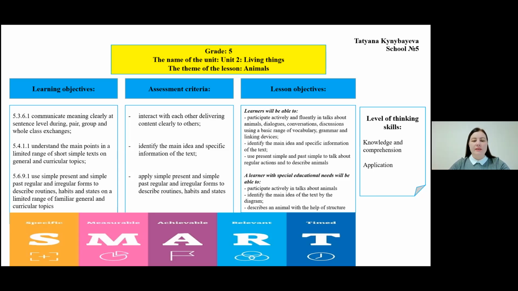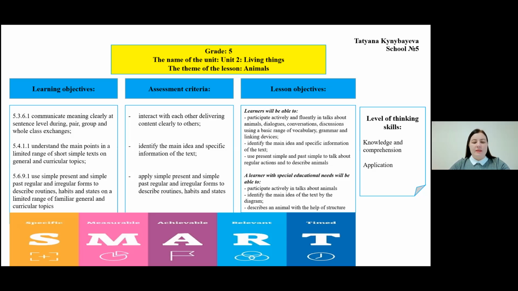Identify the main idea and specific information of the text for the 1st learning objective, reading strength. Use present simple and past simple to talk about regular actions and to describe animals for the 9th learning objective, use of English strength. A learner with special educational needs will be able to participate actively in talks about animals, identify the main idea of the text by the diagram, and describe an animal with the help of structure.